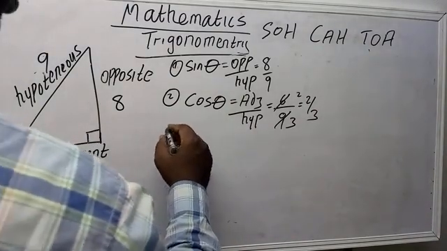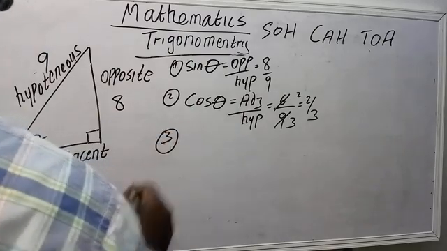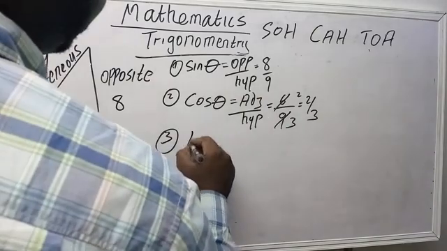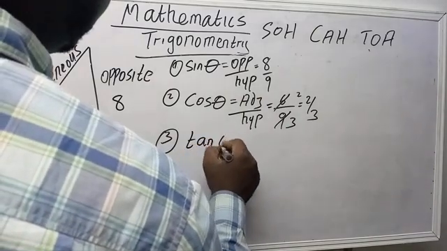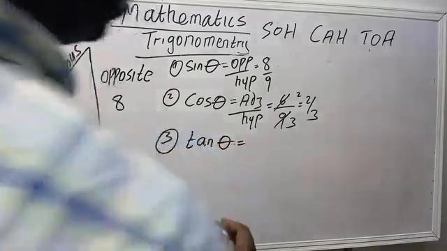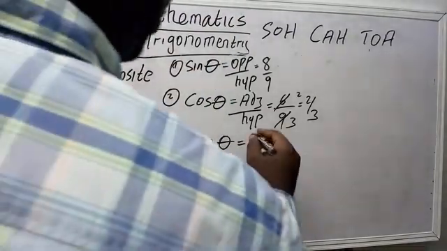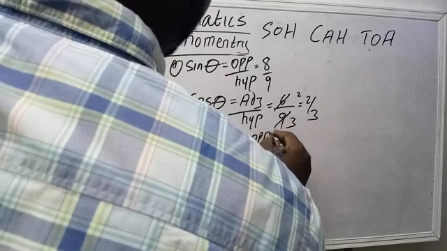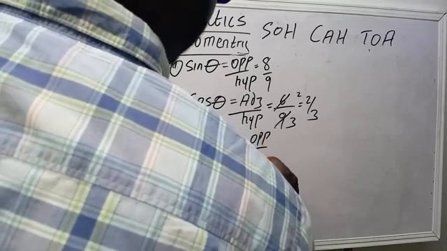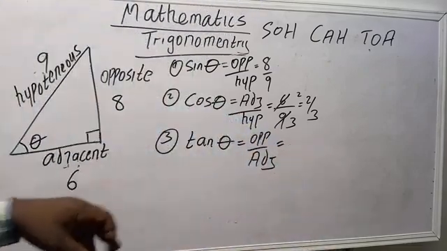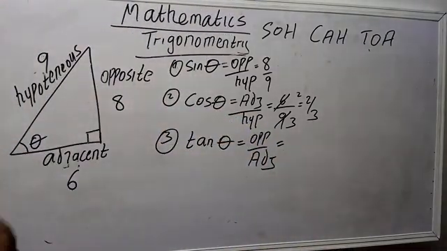And you can still divide further using a calculator. Number 3, tan theta. Tan theta means what? Opposite over adjacent. The opposite, what is the opposite here?